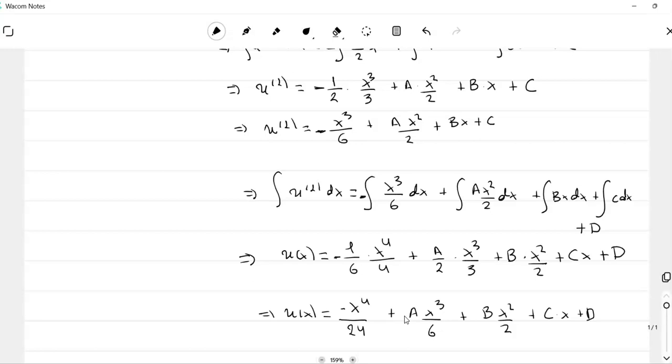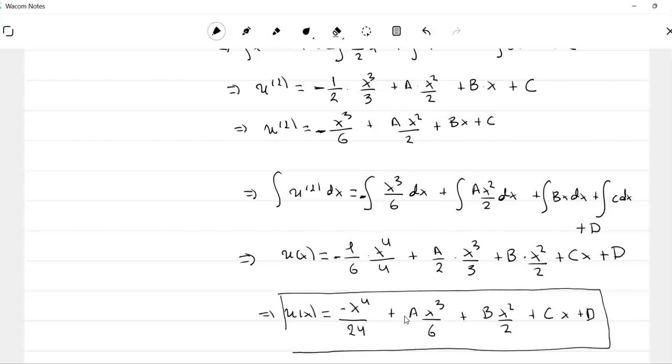So now what I have done is that I have found the general solution, where a, b, c, and d are real arbitrary coefficients. In order to find a, b, c, and d, I need boundary conditions.